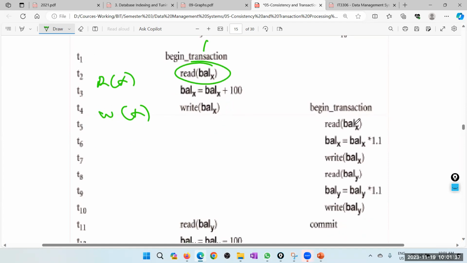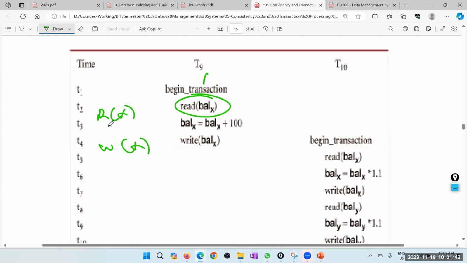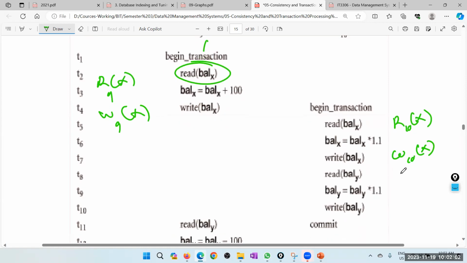And this is the read operation of X. So we can say this is transaction 9, read 9 X, write 9 X, something like that. Okay. So this is transaction 10. It is read 10, but the same data. This is a calculation. This is a write by transaction 10, X data. This is a read by transaction 10, Y data.